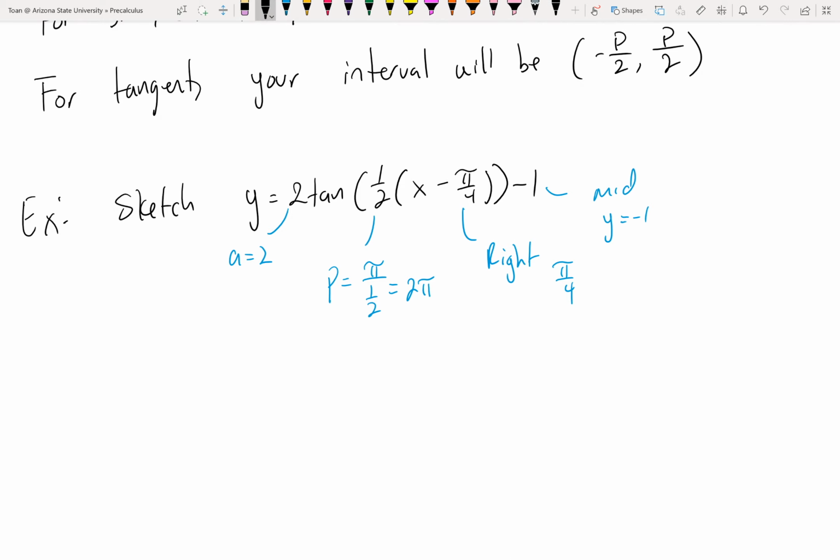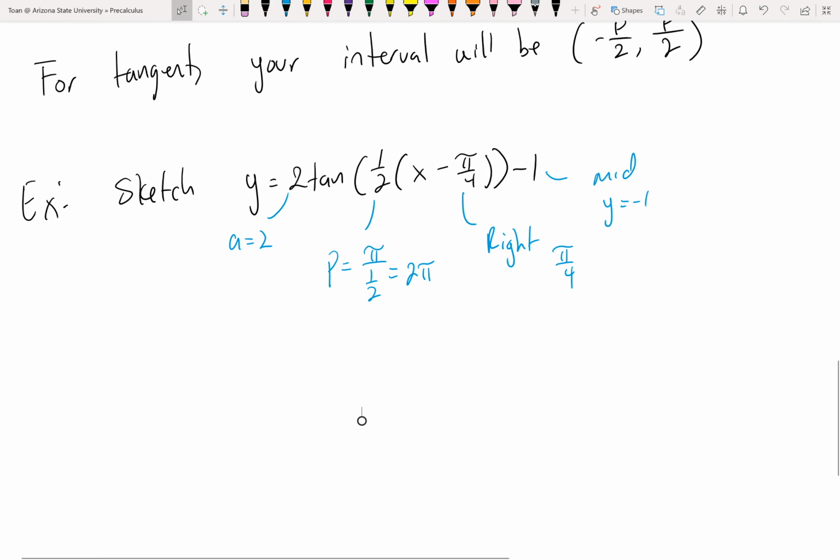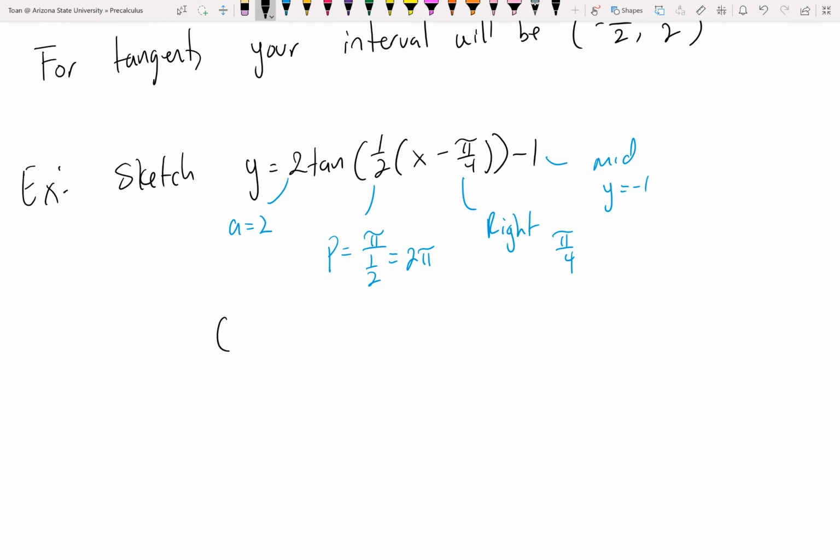Now this is where things get different. I have to take half of the period, so half of 2 pi is 1 pi, and make it negative. So that's what I start with. Then I go with my phase shift, which is right by pi fourths, and then I get -3 pi fourths, comma 5 pi fourths.